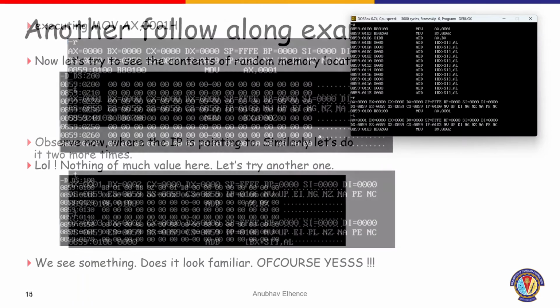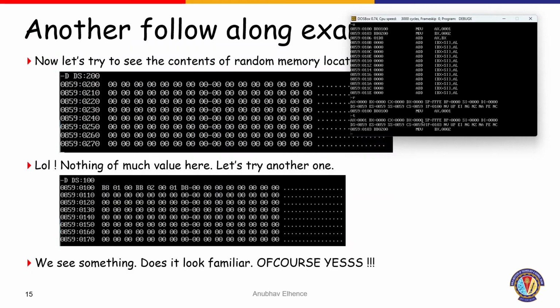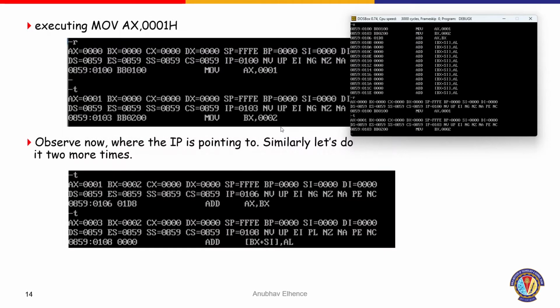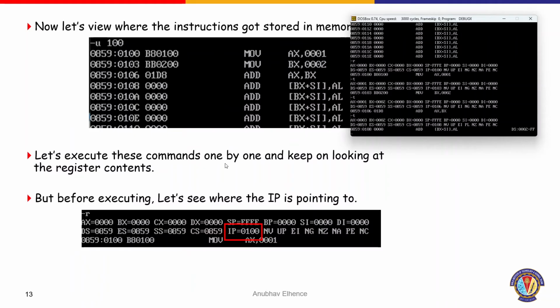So let's do it 2 more times. T and finally T. So here the BX register got this value, and then finally the add AX comma BX added these two numbers together and stored the result back in 03. So that is a very simple thing which we did, adding two numbers.